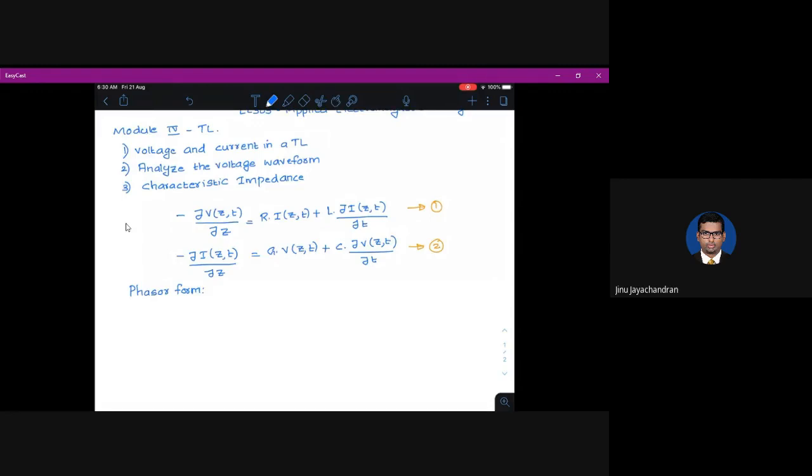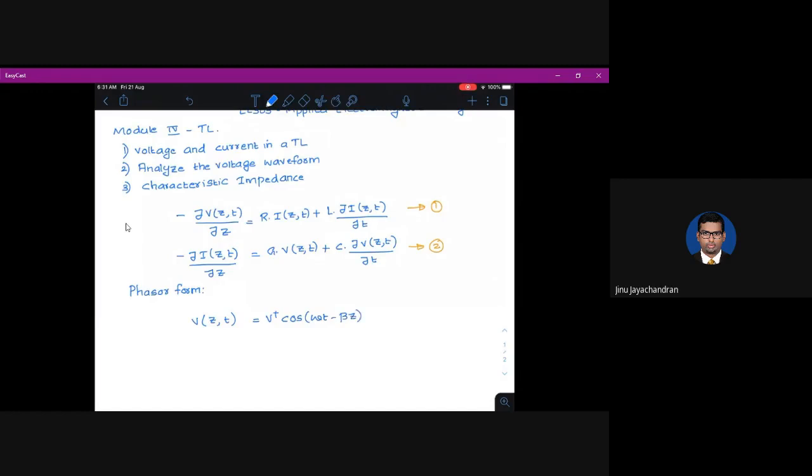So in this case, the wave, as I told earlier, will be a sinusoidal wave. Okay. And the waveform will be in terms of both time and position. So I can write v of z comma t as some constant, let's say v plus, into cos of omega t minus beta z.